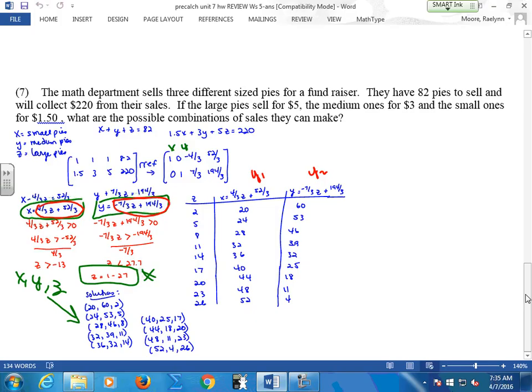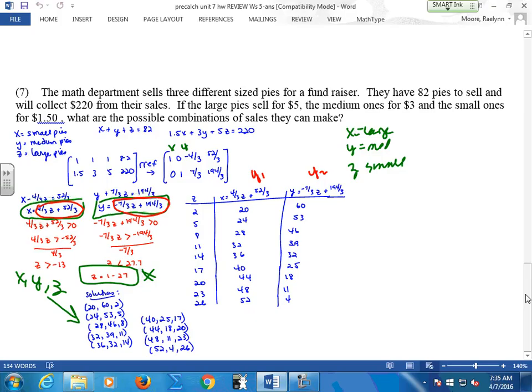Can everybody do this? Good? So if you set up the let statement different, does that change anything? Not at all, because I'll follow the way you set up your solution. It's going to have to follow the way you set up your let statement. So if you said that X was large, and then Y is medium, and Z is small, however you set it up at the end should match your let statement.